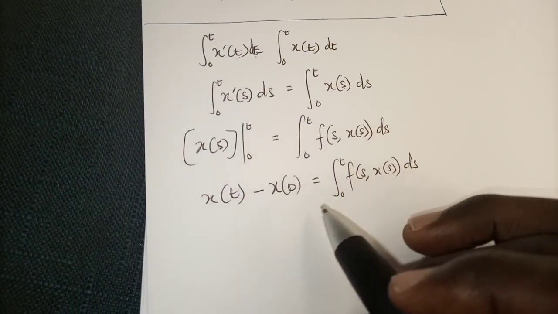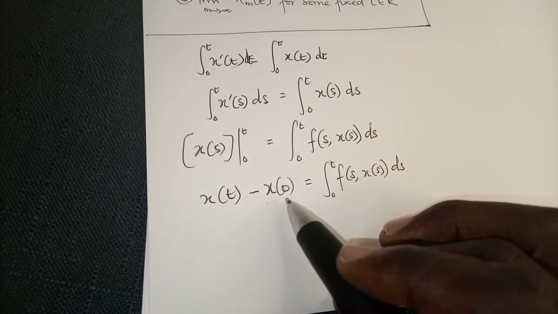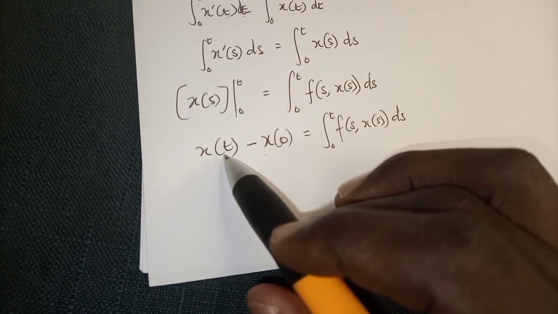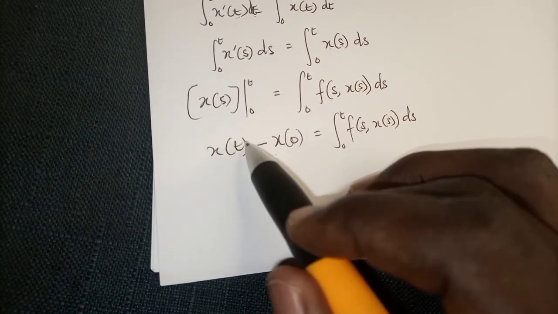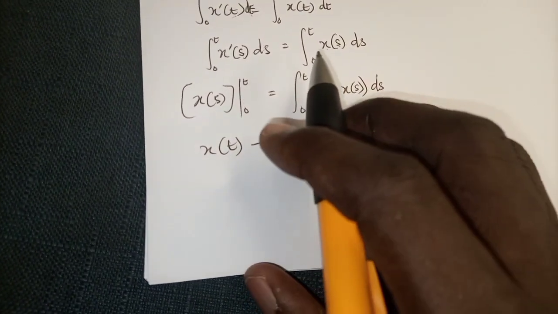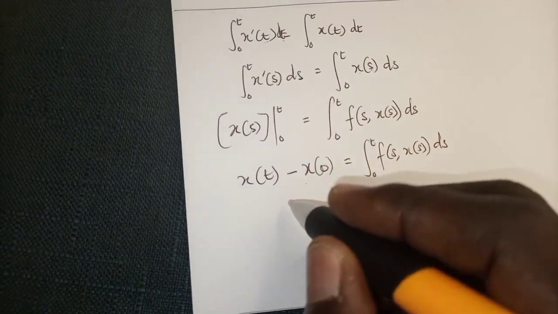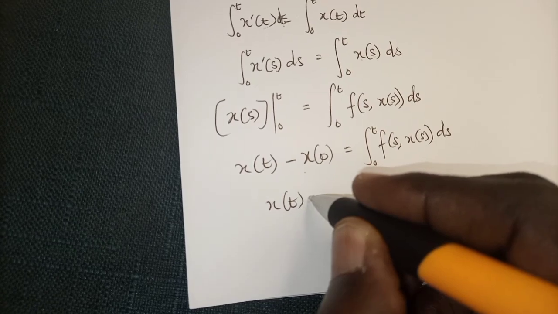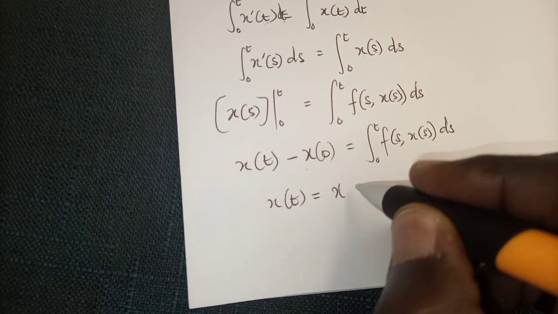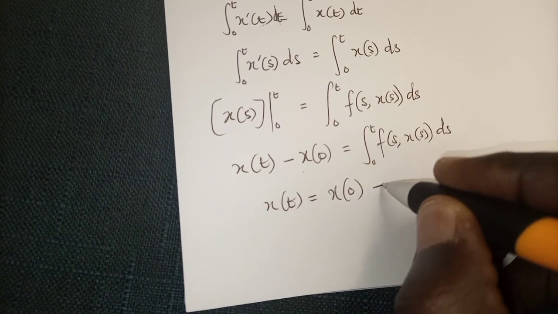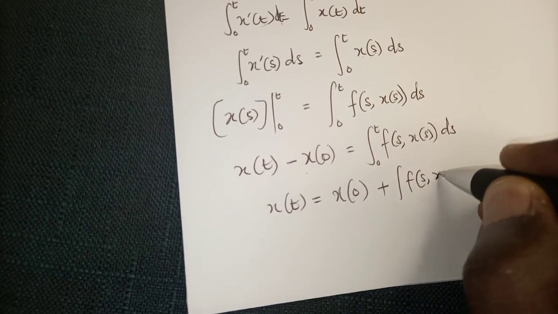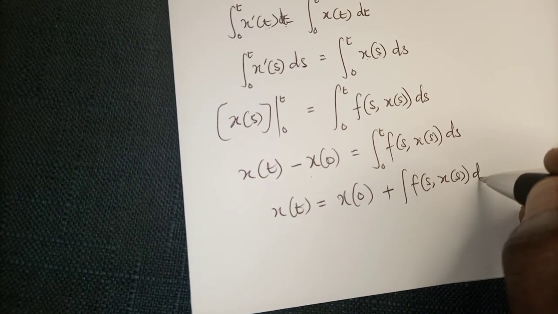All right, now we can make the function x of t the subject. So we have x of t equals x of 0 plus the integral from 0 to t of f of s, x of s ds.